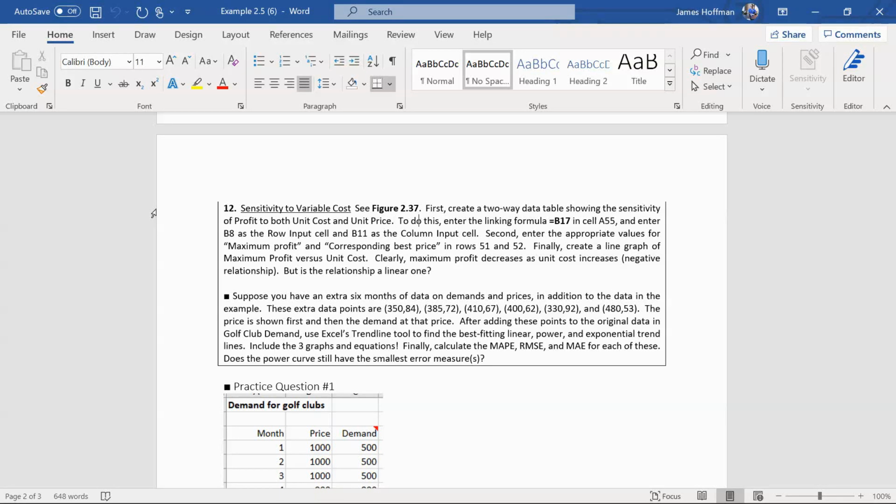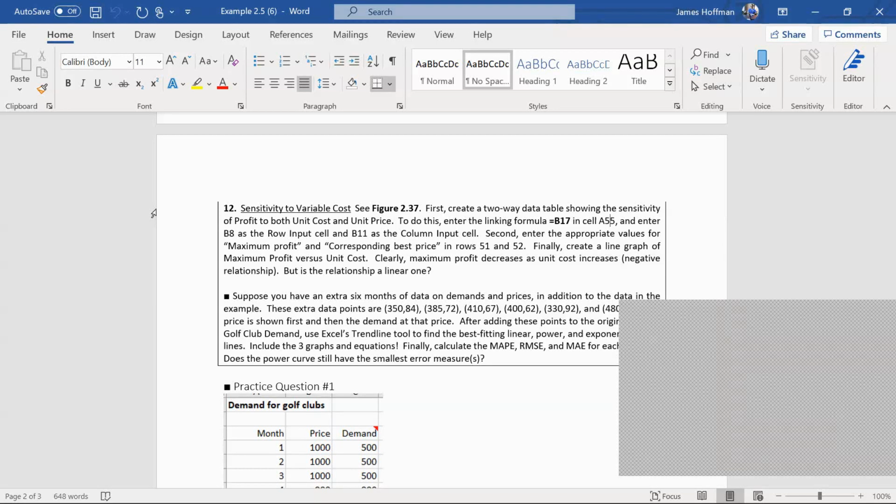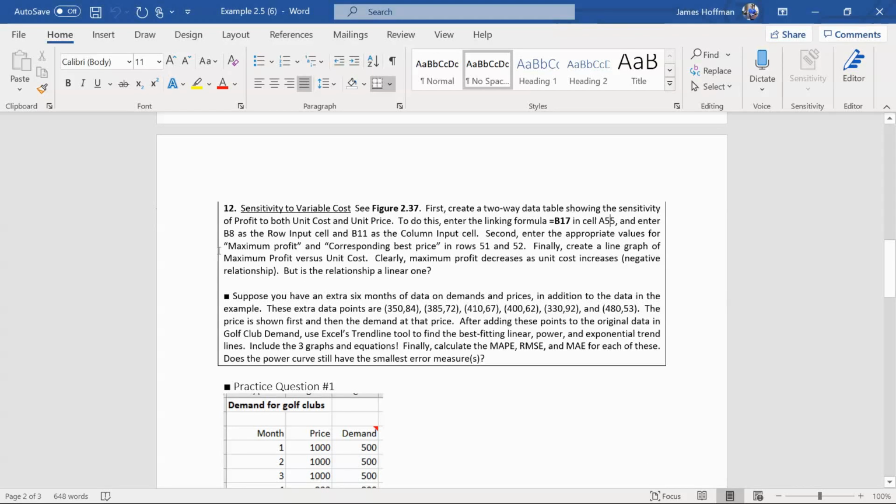Okay, so we're going to reference the profit cell in A55 for the top of the data table. And we're going to reference the unit cost and unit price as the row and column input cells.